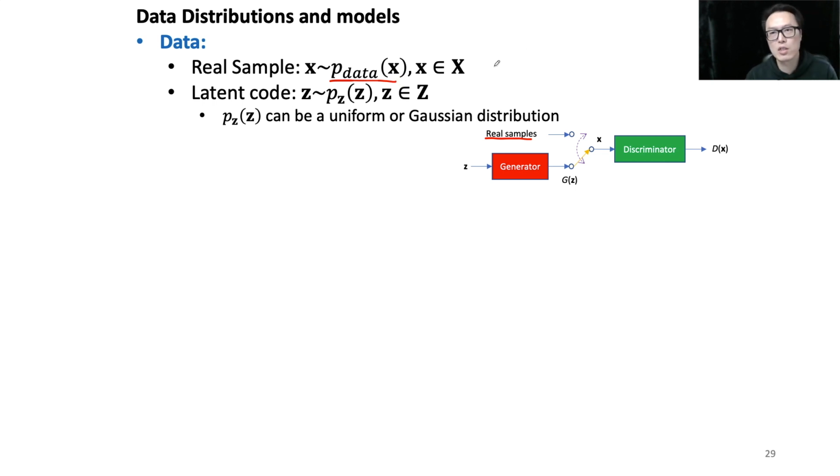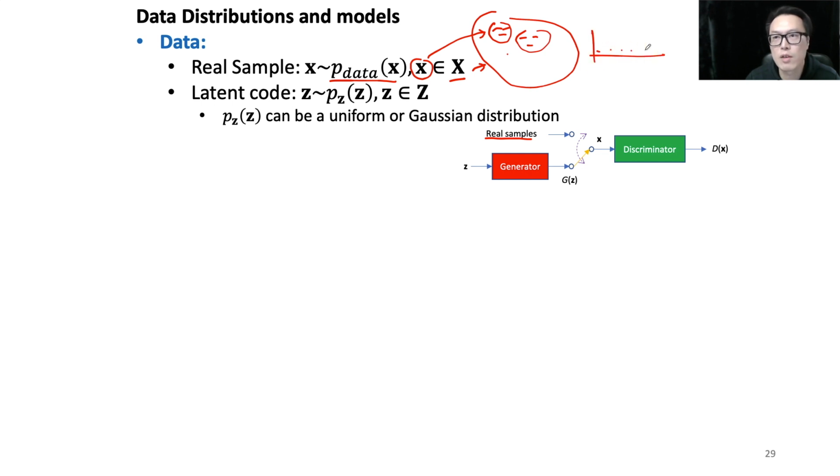As mentioned before, we have some samples, and the whole space is X. When we draw a sample from here, we call this x. x would be one of the images in this space, and the density function of this space is this line, which we call p data.